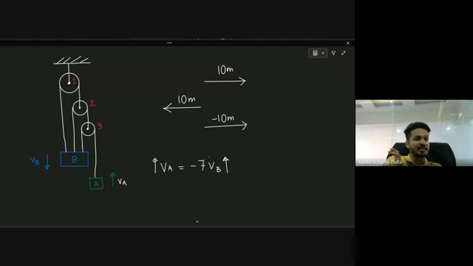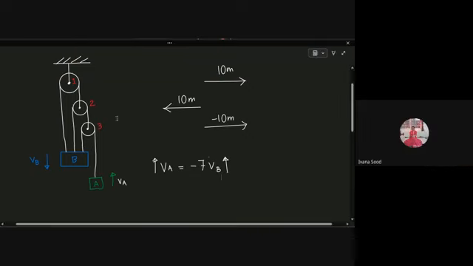Now you tell me whether this is technically correct or not. Again, your answer is numerically correct, but minus 7 VB would represent what? That you have to think.